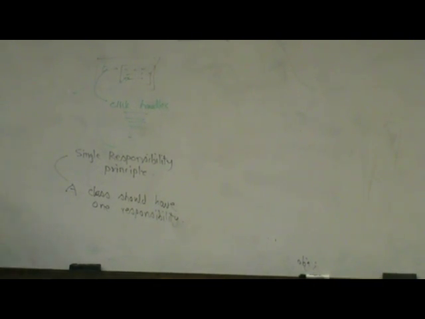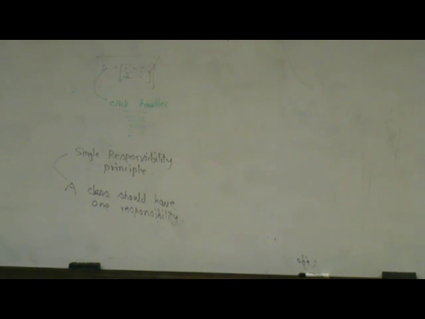If the class's job is to bring the data from the database, it should only focus on bringing the data from the database. If the class is going to apply some business rules, it should only focus on business rules, right?